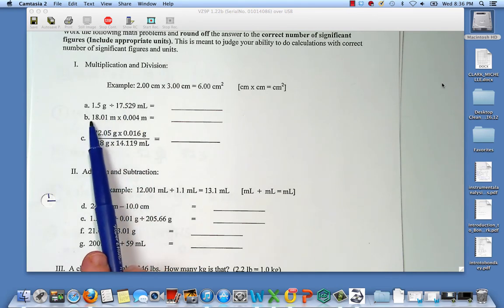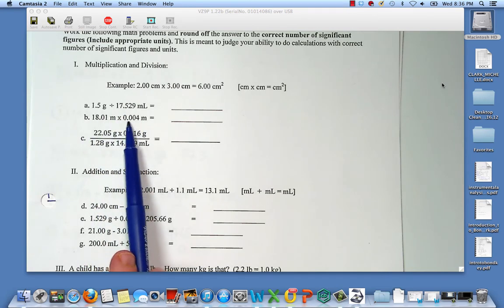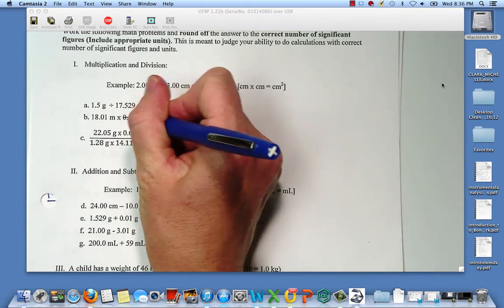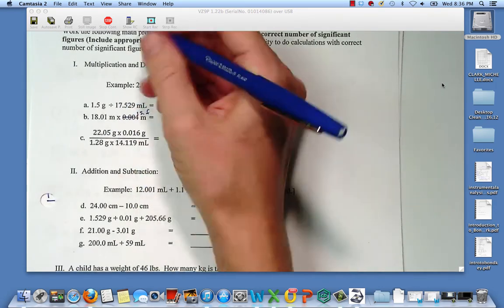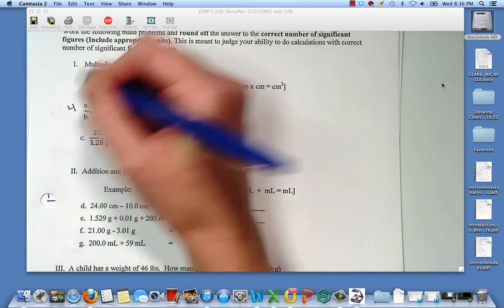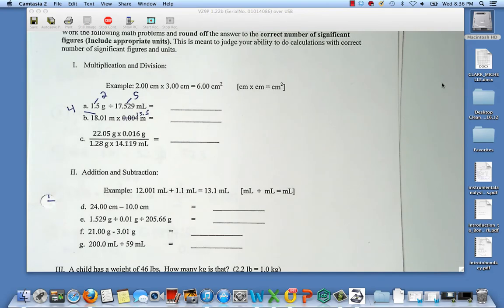This is 4 sig figs. How many sig figs here? 1 sig fig. So this is 5, this is 2, this is 4. I want you to work those on your own. This last one, I want to explain a little bit, and I'll work this one with you.